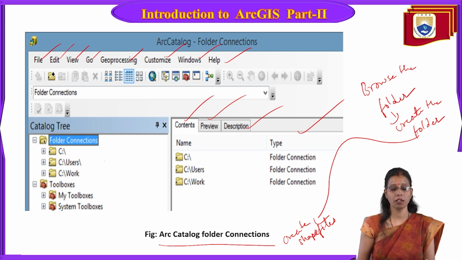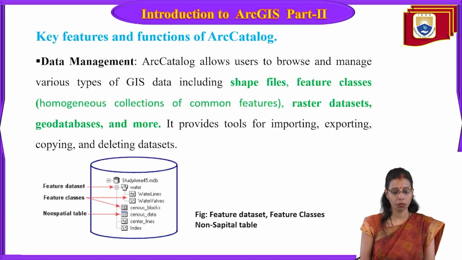It is very helpful for initiating map processing, georeferencing, digitization, or converting raster data to vector data. This is the first step: we open the ArcGIS window where we can create all these folders and files.